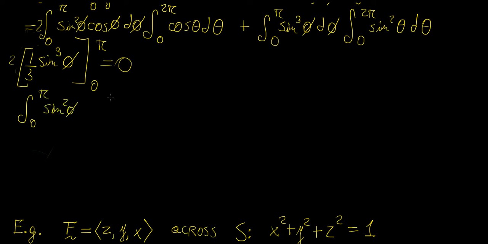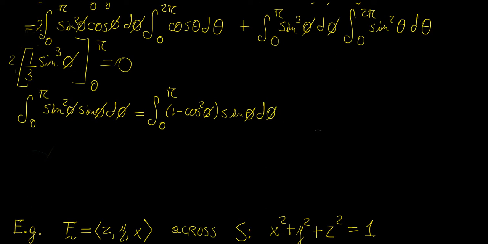So once again, let's do the separation. So we're going to have sine phi d phi. Then this becomes 0 to pi of 1 minus cosine squared phi times sine phi d phi.